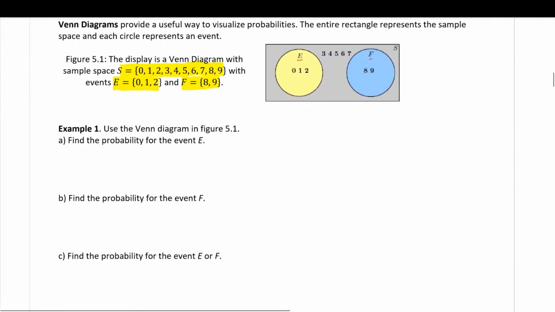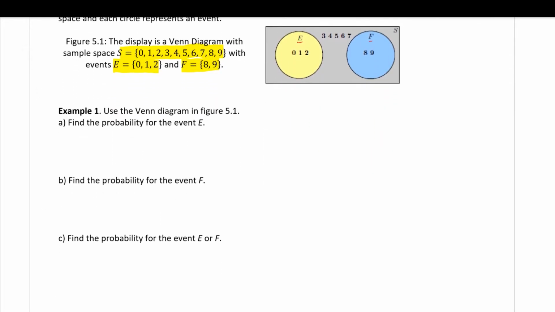So example 1, use the Venn diagram in figure 5.1. Find the probability for the event E. Well, how did we calculate probabilities before?